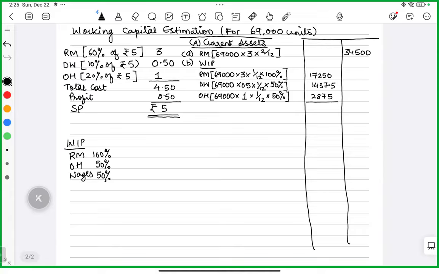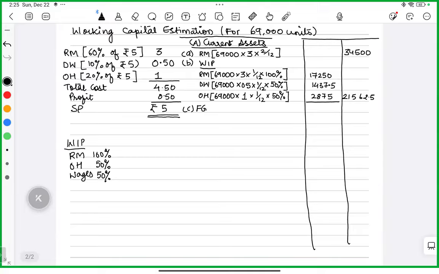So these three components, raw material, wages and overhead, make up for work in progress, and the total is 21562.5. This is the valuation of work in progress.